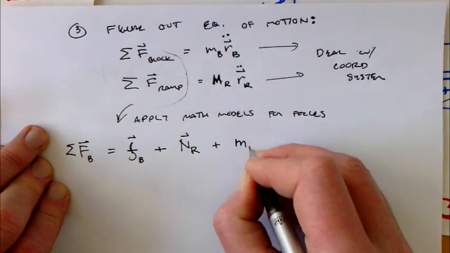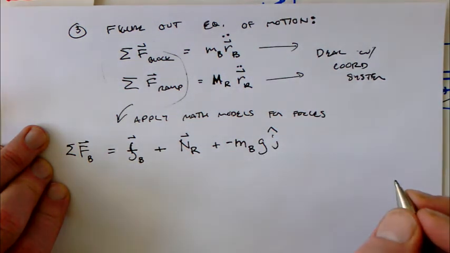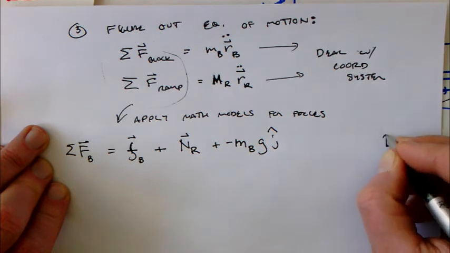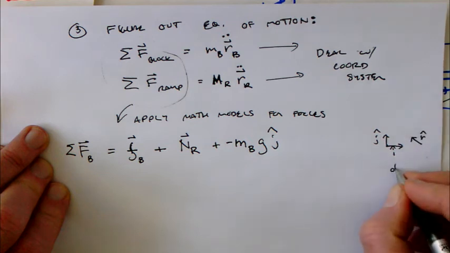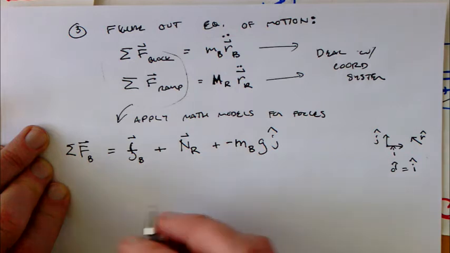Well, the gravitational force is pretty easy to write, so let's say that's minus mg j hat, right? So we've got i hat defined, j hat defined, and we also have r hat defined. Note that what I called d hat before is the same as i hat in this case.